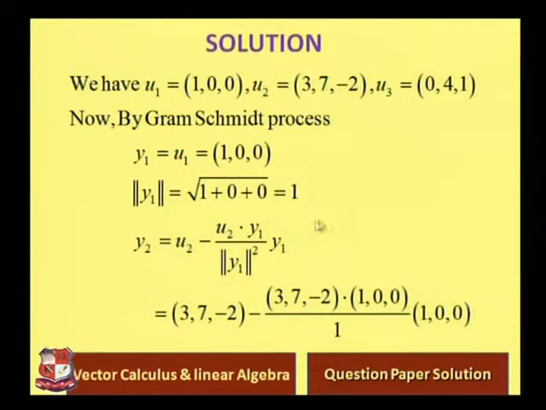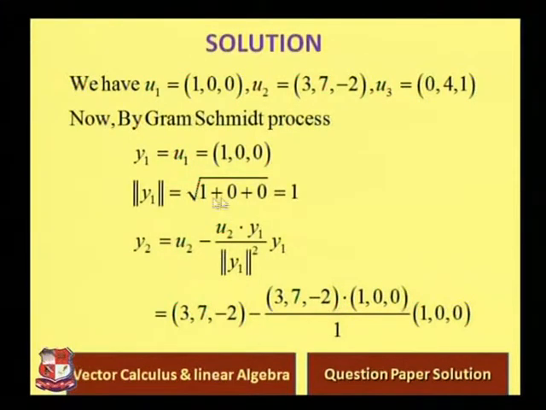Now for u2, take y2 equals u2 minus (u2 dot y1) times y1 divided by norm y1 square. Since R3 has the Euclidean inner product, this is a dot product, and the multiplication by y1 is a scalar multiple of the vector.